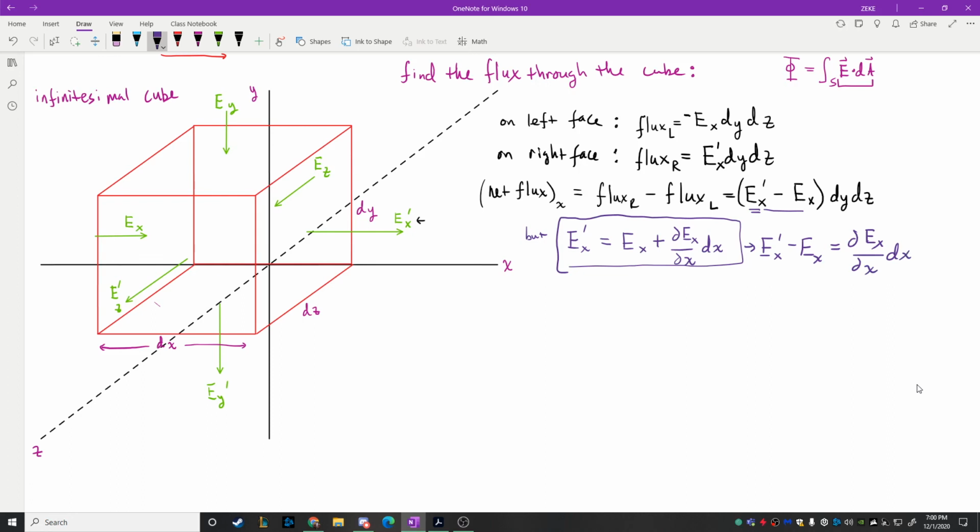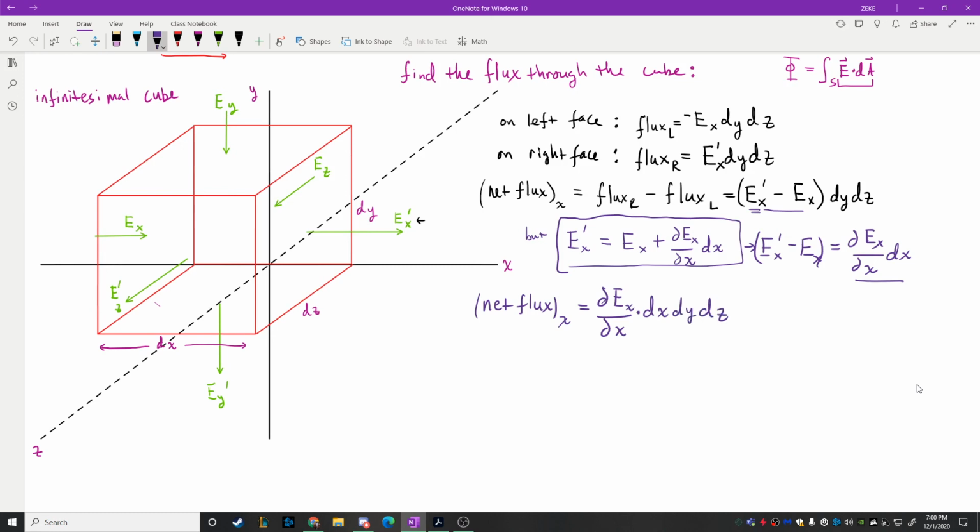And what that means is that the net flux in the x direction, considering just the x components, is now just equal to, well, we replace the parentheses here with the parentheses there, which is this. So you end up getting del Ex, del x, the partial derivative of the electric field component in the x direction with respect to x, only the x component, multiplied by dx, dy, dz.